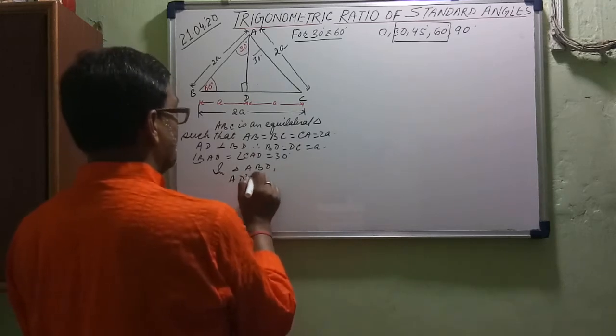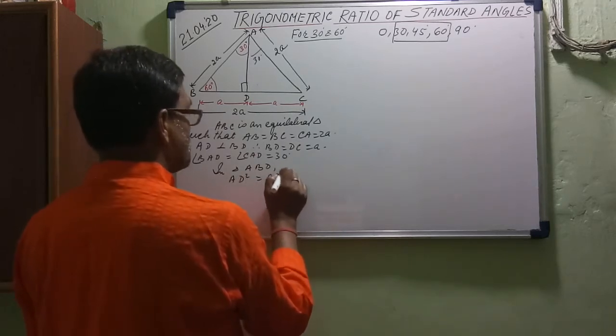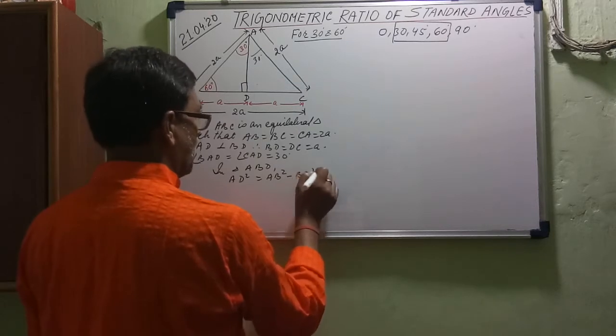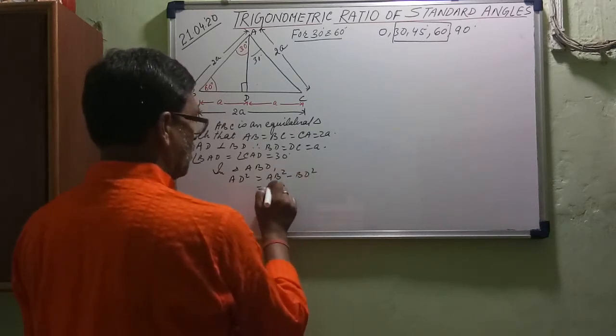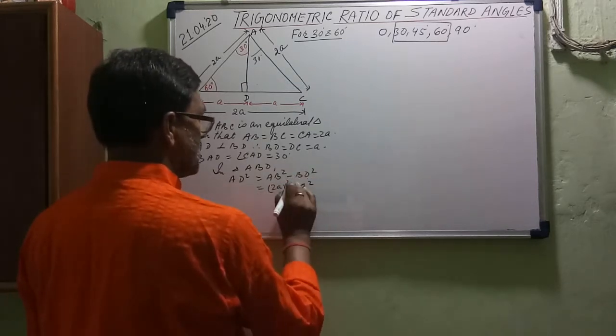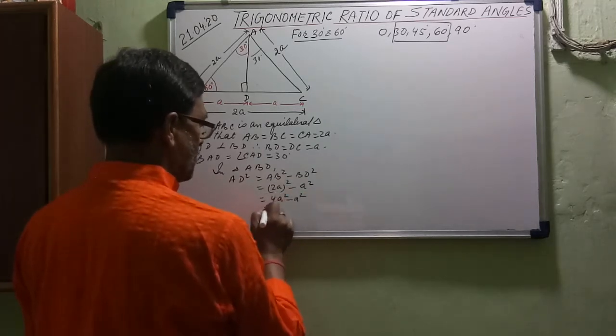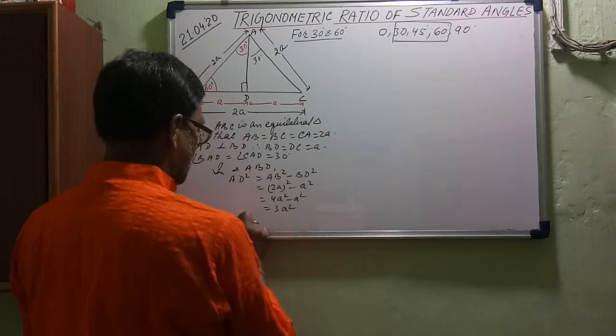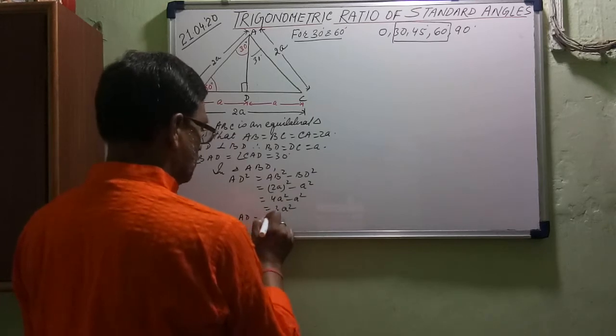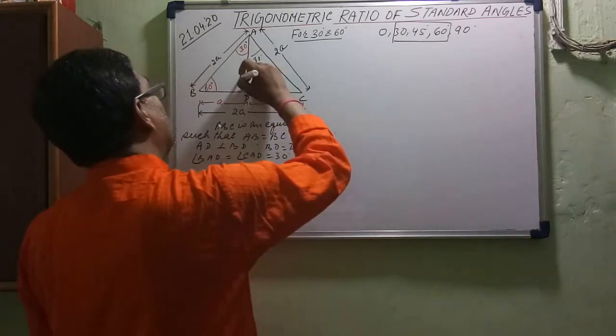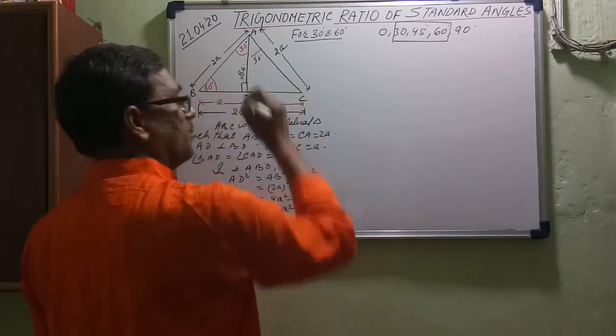AD square is equal to AB square minus BD square, that is 2a whole square minus a square, that is 4a square minus a square, 3a square. Therefore, AD is equal to root 3 a. So it will now become root 3 a.